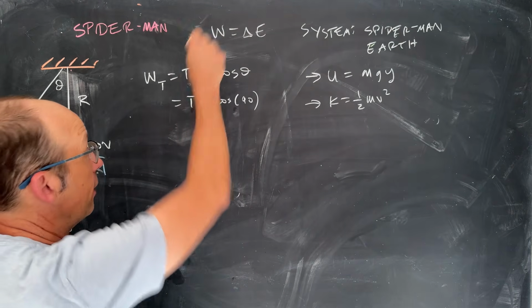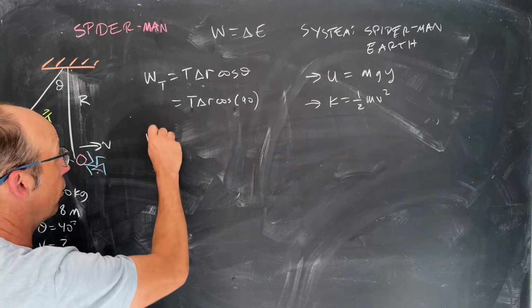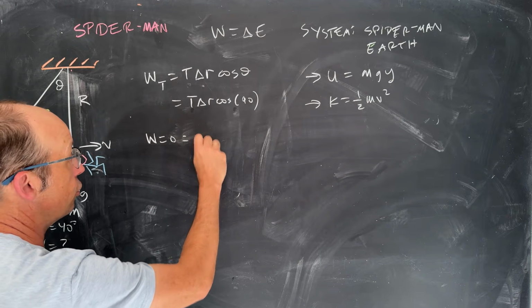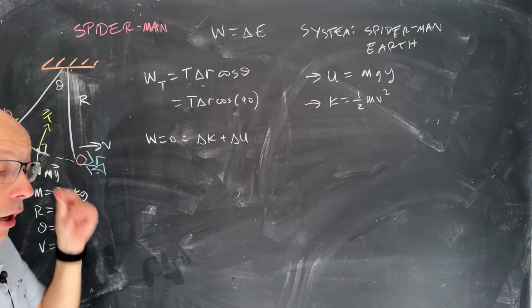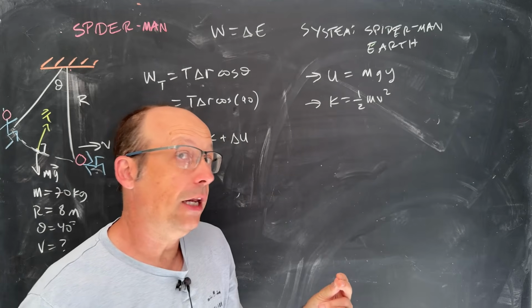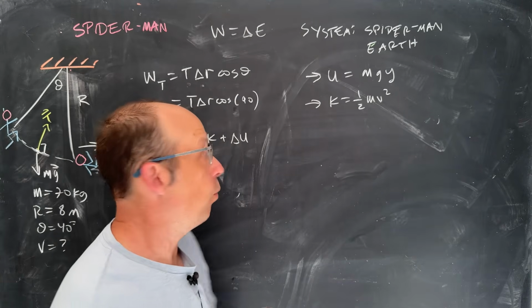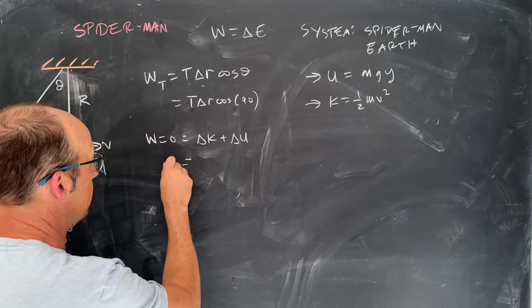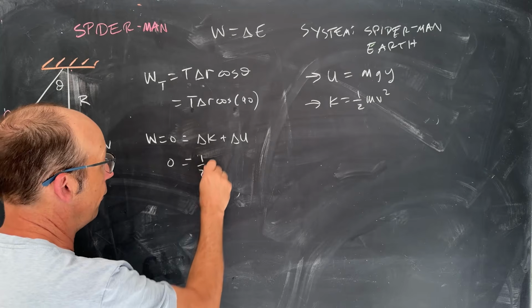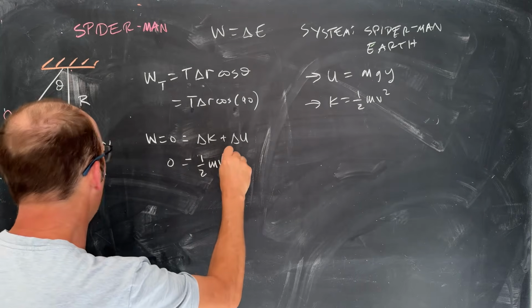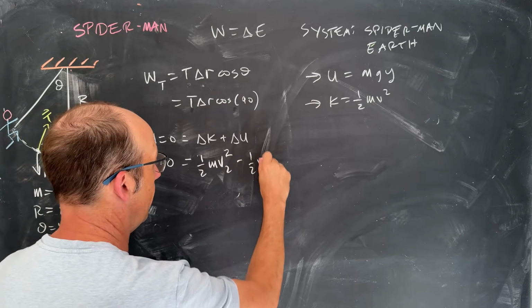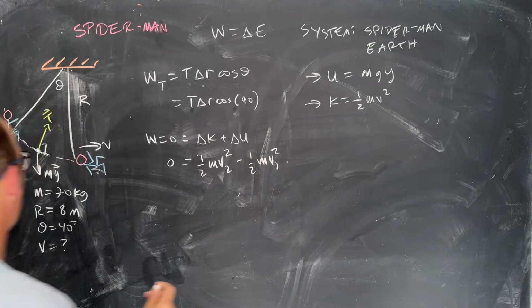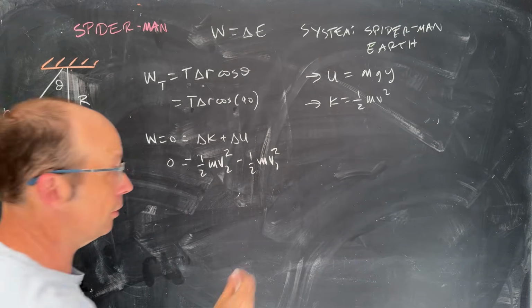So now we can write down our work energy equation. The work is 0. That's going to be the change in kinetic energy plus the change in potential energy. Okay, let's just go ahead and write this out, and then we can see that one of those things is 0. It's going to be 1/2 mv2 squared, that's the velocity down here at point 2, minus 1/2 mv1 squared, that's the velocity up here, which is 0.